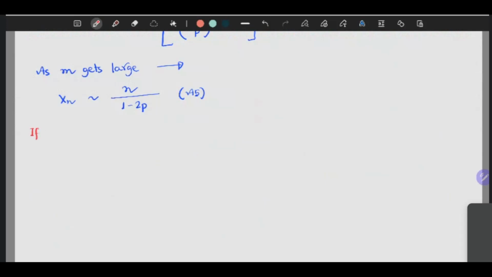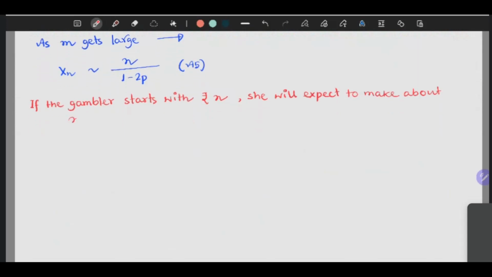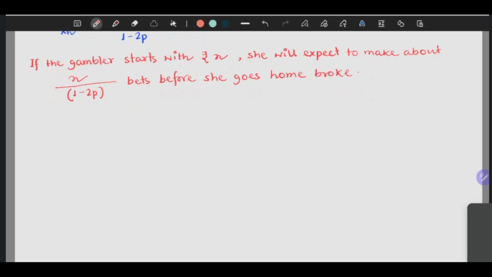If the gambler starts with n rupees, she will expect to make about n by 1 minus 2p bets before she goes home broke, because you understand that she expects to lose.